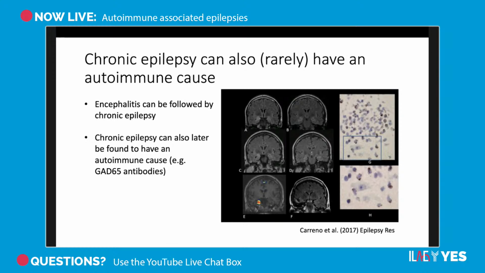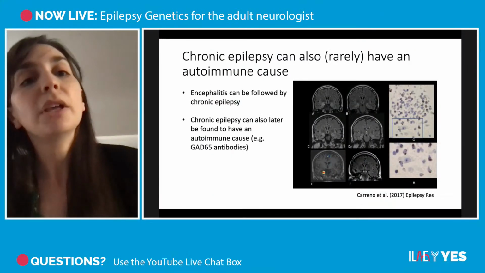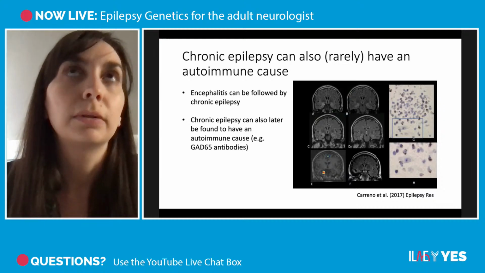We're talking here about patients who are walking, talking, and showing up to our clinics with recurrent seizures. And when you're thinking about those patients who aren't actively encephalitic, who don't have encephalopathy, psychiatric disturbance, or other neurologic features like movement disorders, those patients can come in two categories.